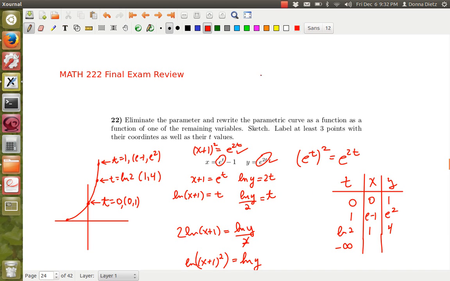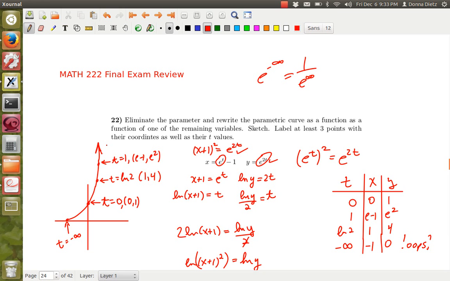Well, e to the minus infinity is 1 over e to the infinity, so that's 0. 0 minus 1, rather. And then the other one is just going to be 0, and you're going to say, whoops, that is t equals negative infinity. And so this curve is going to go up. You got a parabola going upwards, but it has an actual starting point.